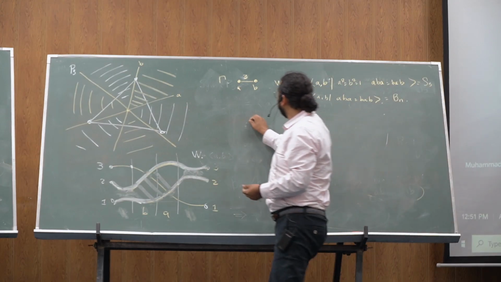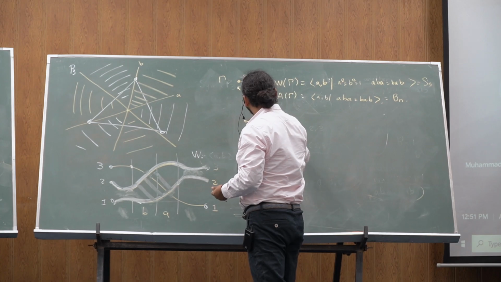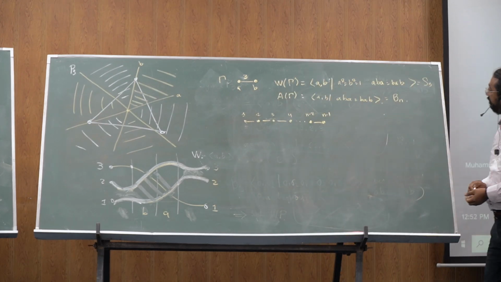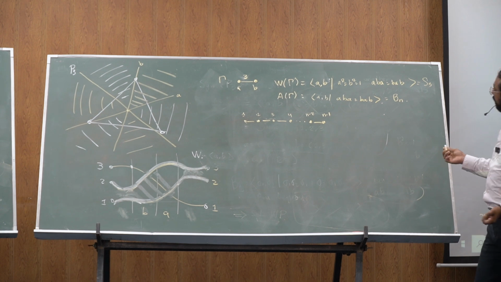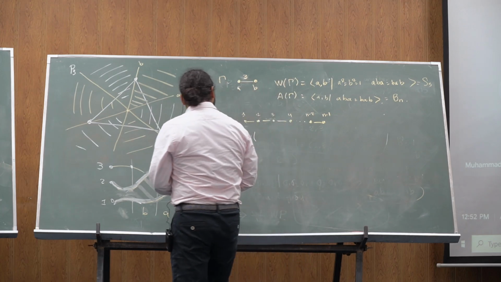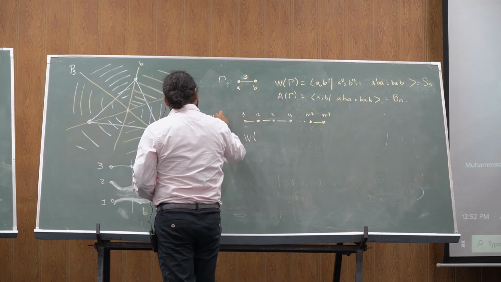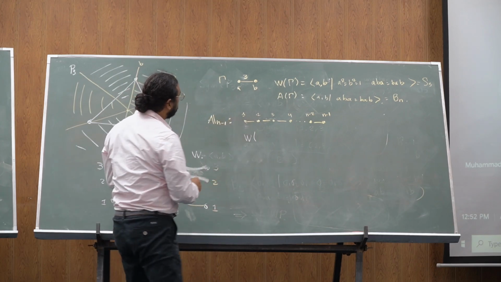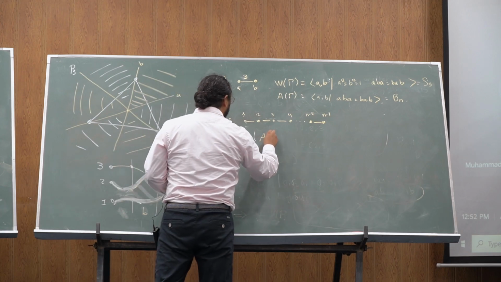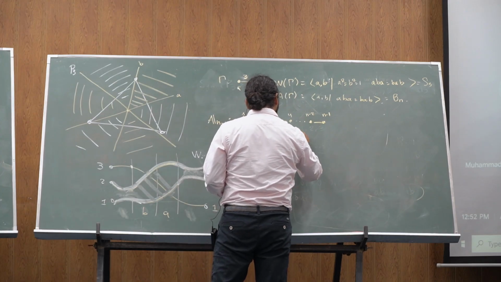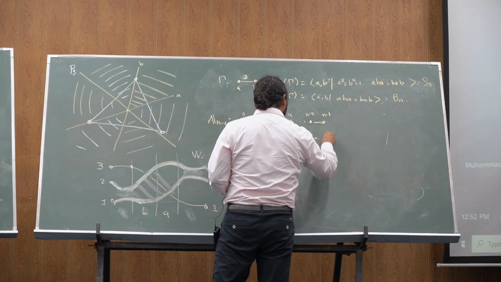Okay, and in general, when we consider this graph, what happens? How is the presentation here? This graph has a name. This is called A_{n-1}. We'll have the presentation T1 till T_{n-1}.